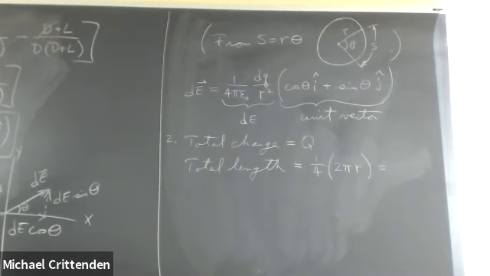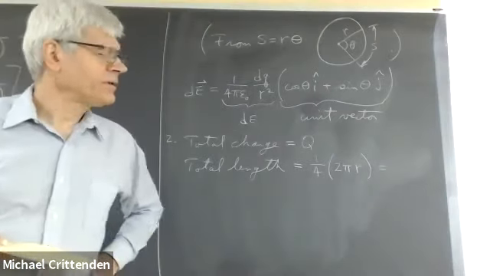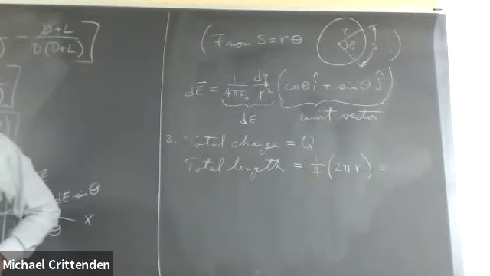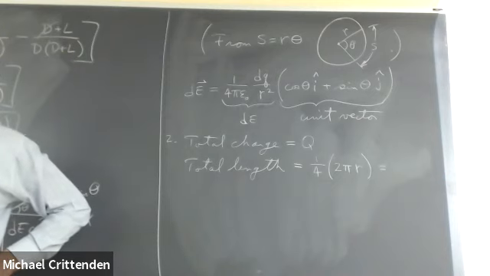It says that in the question. The length of the entire rod, the question says it's a quarter of a circle. The circumference of a circle is 2 pi r.